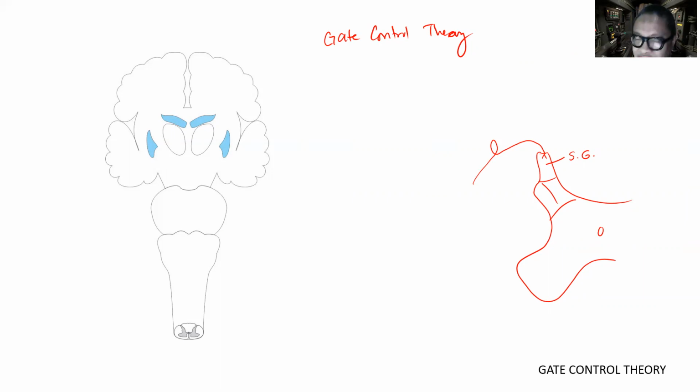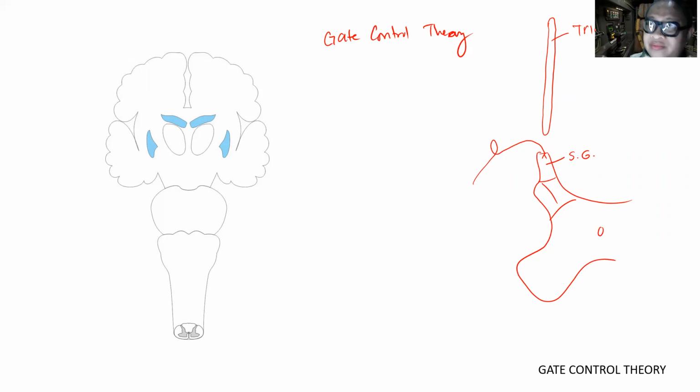And just a side note, your substantia gelatinosa is actually continuous with the sensory part of your trigeminal nuclei in your brainstem.